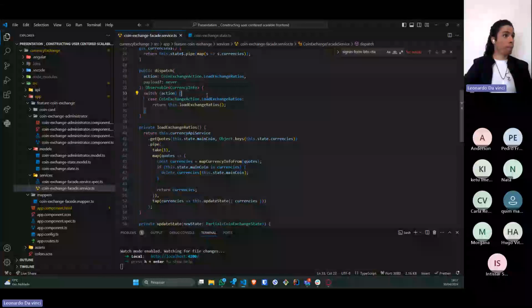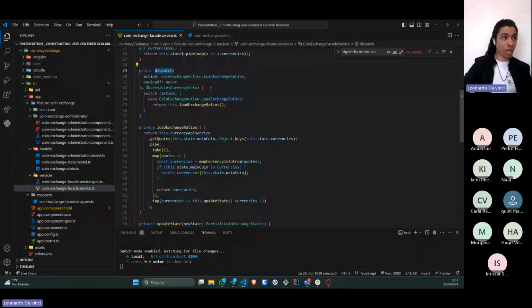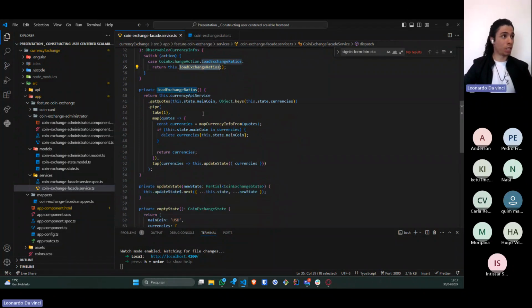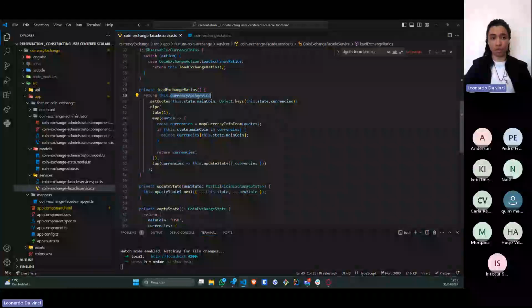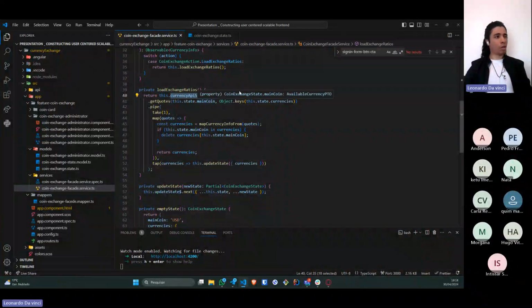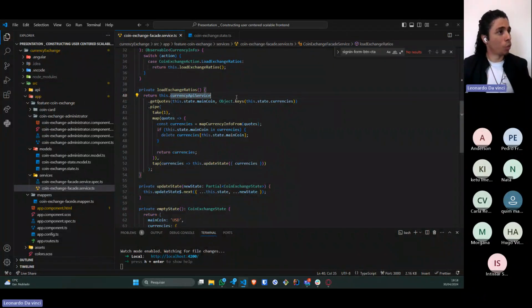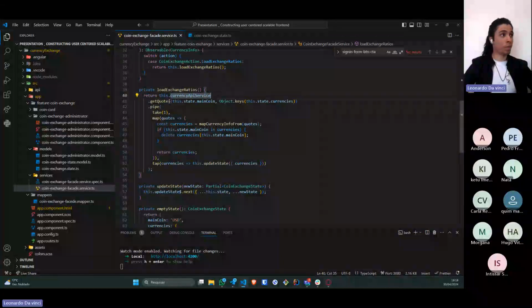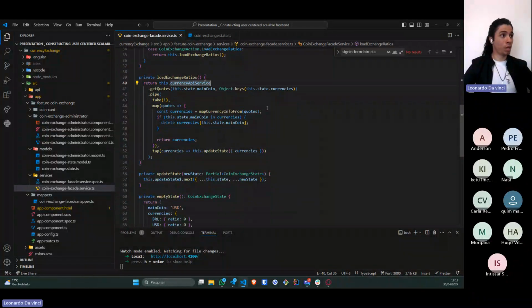Anyways, so the dispatch will see what the action is and perform whatever the action needs to be performed. In this case, it goes to a service. I don't remember what the name of the thing is, but it doesn't matter. It consumes some stuff on the internet. That's what matters. It consumes some stuff on the internet, and it makes all the treatment. And here comes the mapper that I told you.